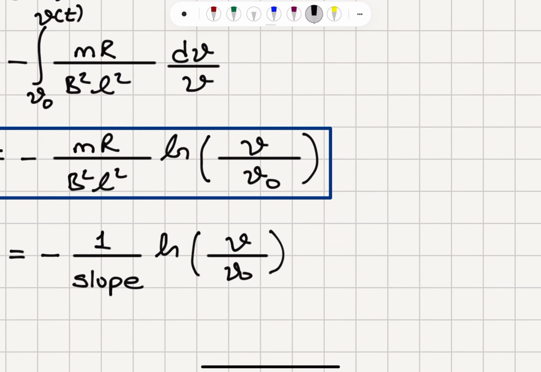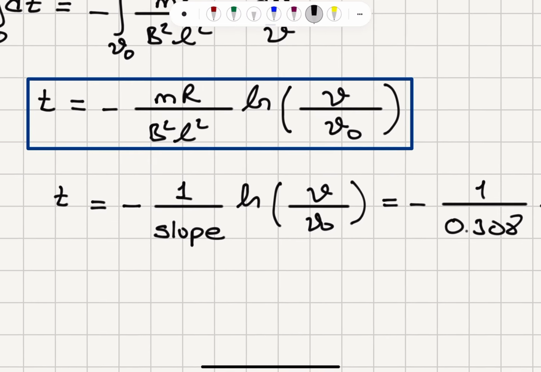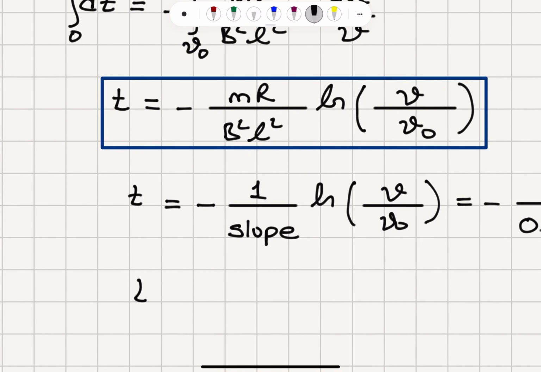We're looking for a speed of 10 centimeters per second, so minus 1 over 0.308 natural logarithm. Starting from 20, we go up to 10, so 10 over 20, natural logarithm of 1 over 2. So we find the time it takes to be 2.25 seconds.